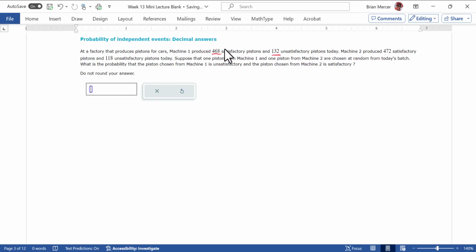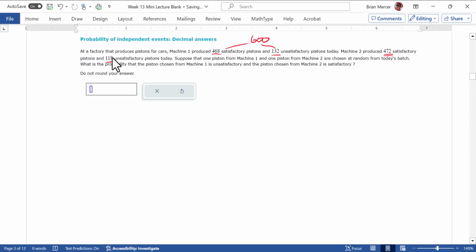468, 132, adding those two together, that's a total of 600 pistons they produced. And so some of them were good, some of them were not good. Machine 2 produced 472 satisfactory pistons and 118 unsatisfactory pistons.